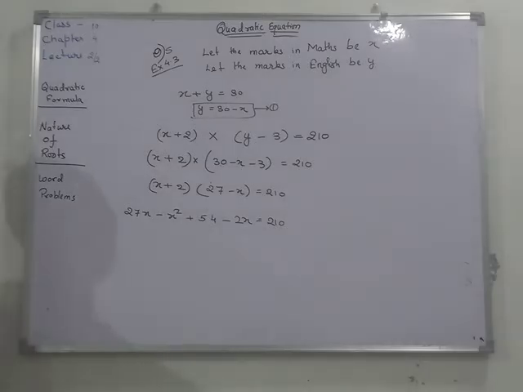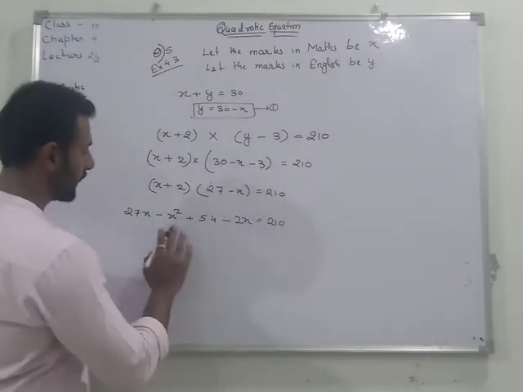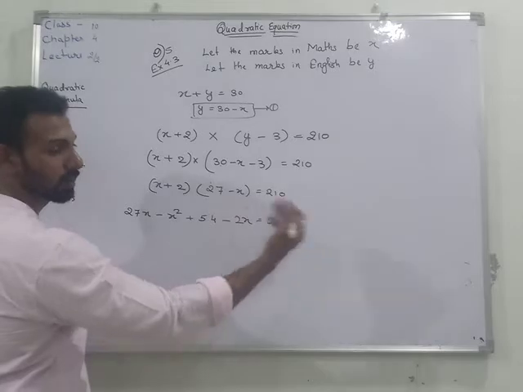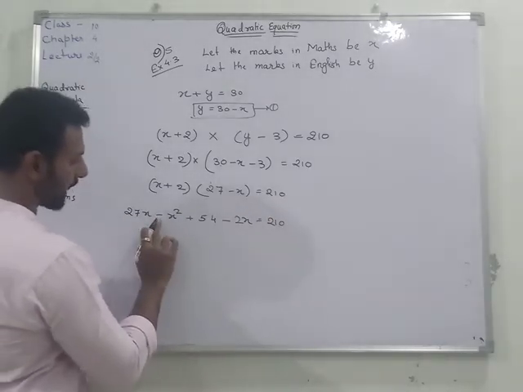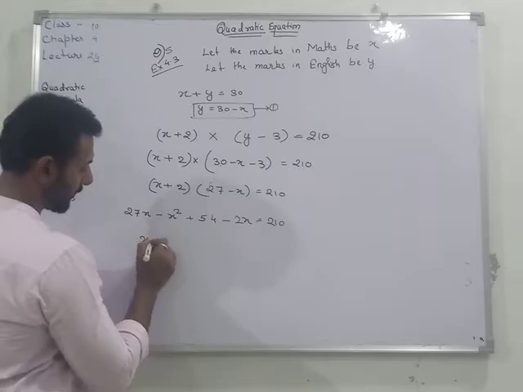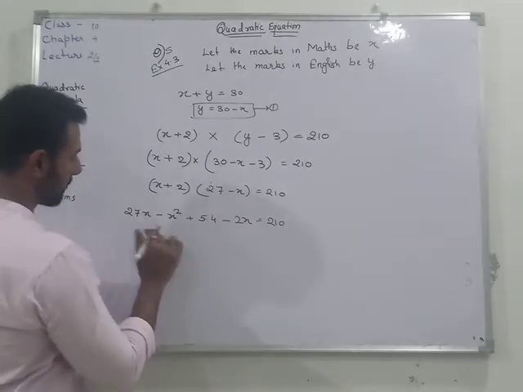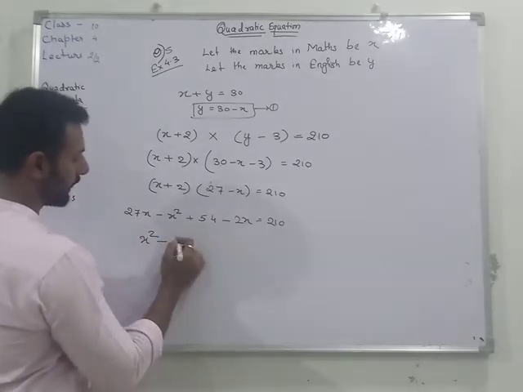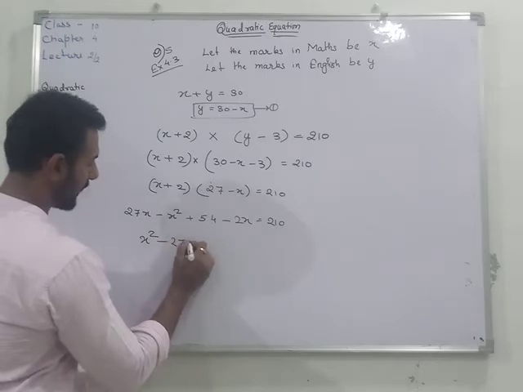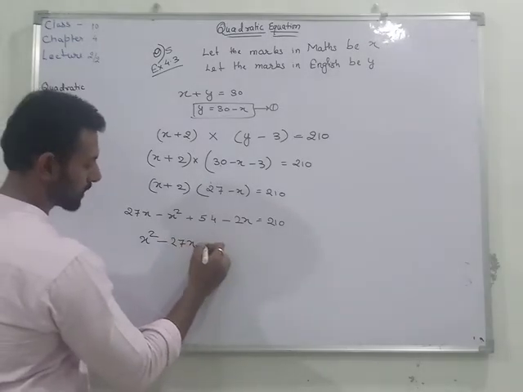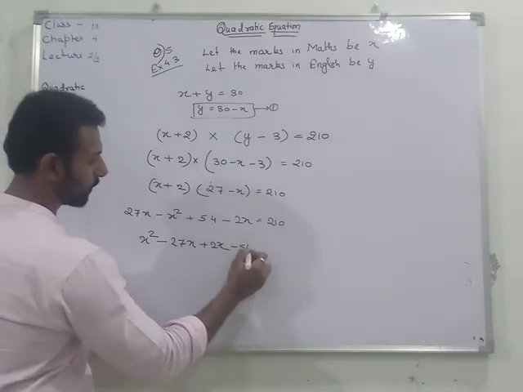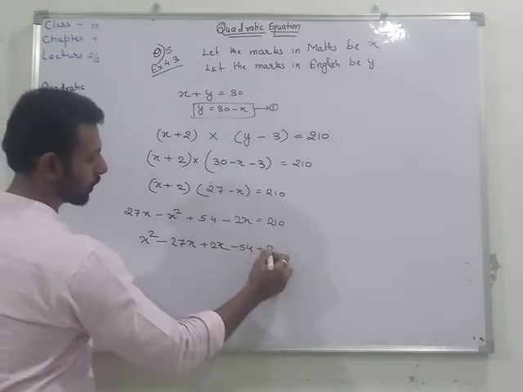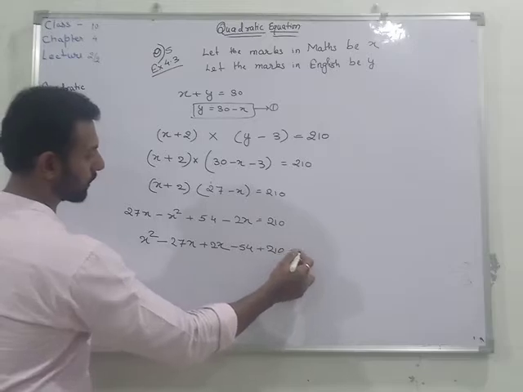Now taking all these terms to the right hand side, the signs will be changed. This minus x square will be plus x square, minus 27x plus 2x, minus 54 plus 210 is equal to 0.